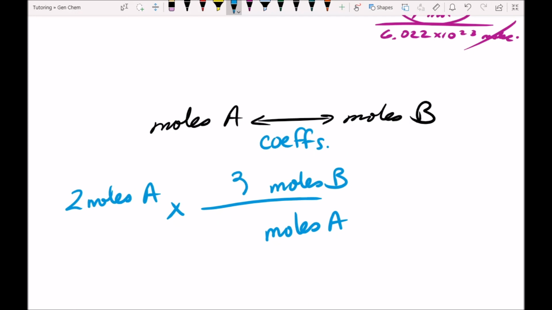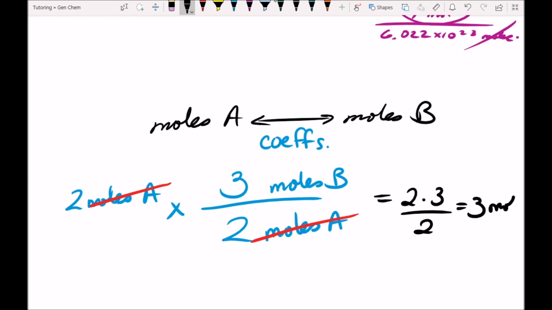Let's say we have a relationship of 3 moles of B to 2 moles of A. Well, we know that moles of A will disappear, and 2 times 3 divided by 2 gives us 3 moles of B. So we can use the coefficients to convert from number of moles of any of our reactants to any other reactant or to products. That's the beauty of the mass relationships, or the molar relationships in chemical reactions.